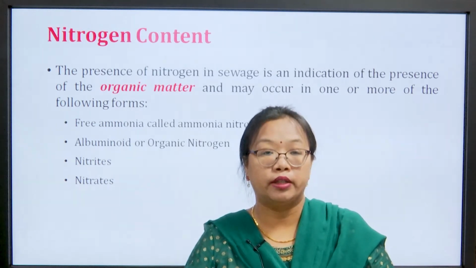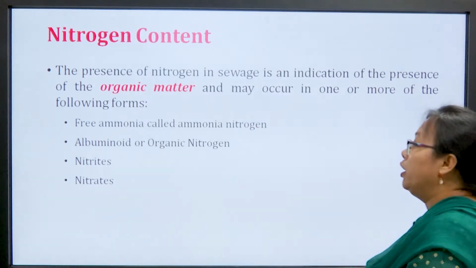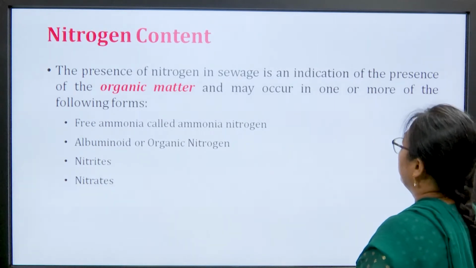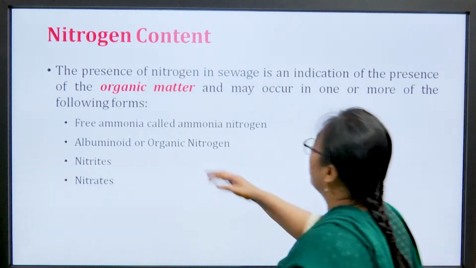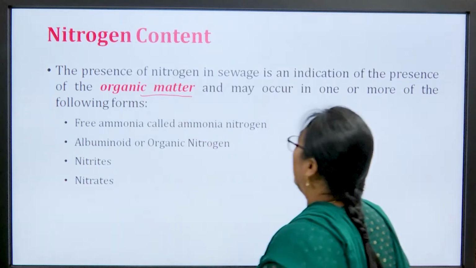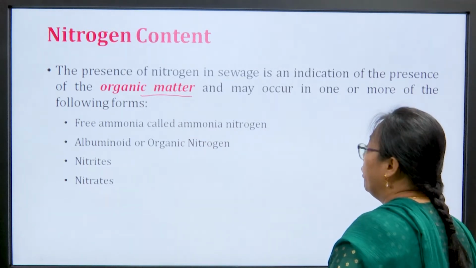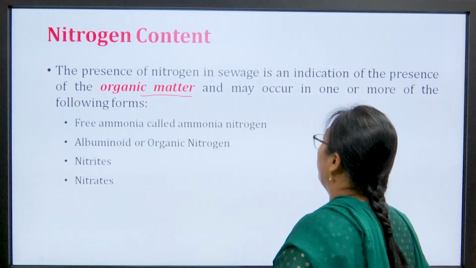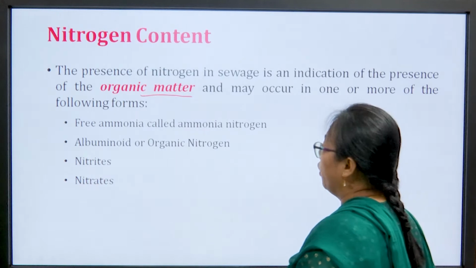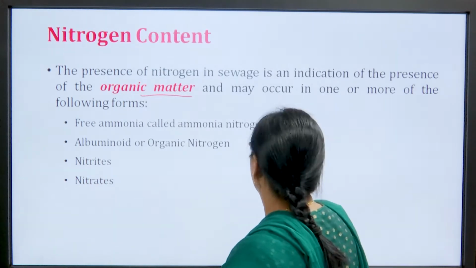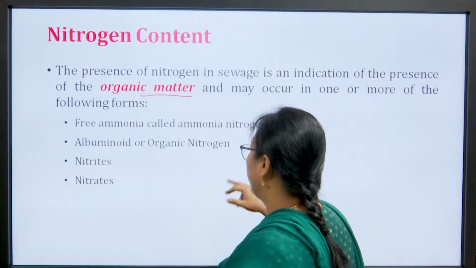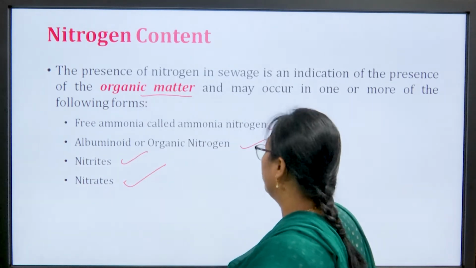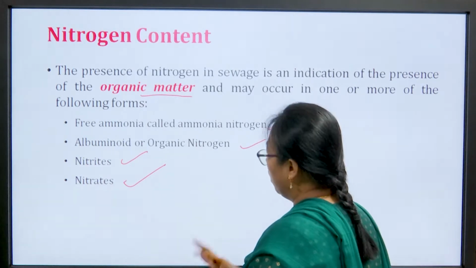The presence of nitrogen in sewage is an indicator of the presence of organic matter. If nitrogen is present in any form, it means that some type of organic matter is present in that sewage, and it may occur in one of the following forms: free ammonia or ammonia nitrogen, albuminoid or organic nitrogen, nitrites and nitrates. We have talked about this.